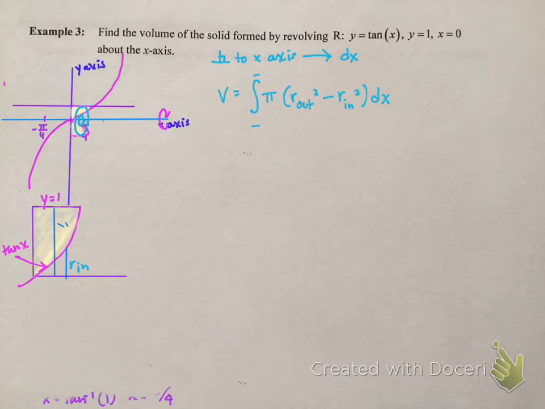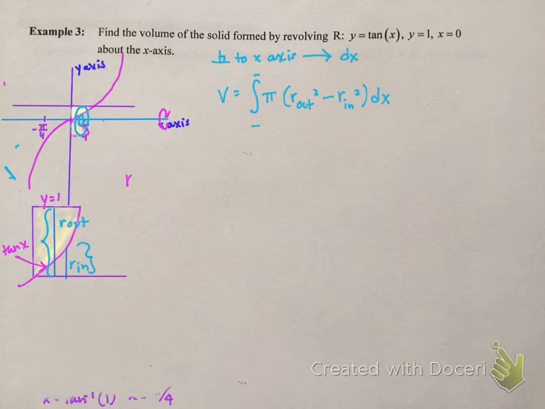So this is R out. I just wanted to show you a picture of what's going on. The distance between the curve tangent x and the x-axis is R in, and the distance between the outer function, which is y equals 1, and the x-axis is R out. Once you get that under control, it should be pretty easy.